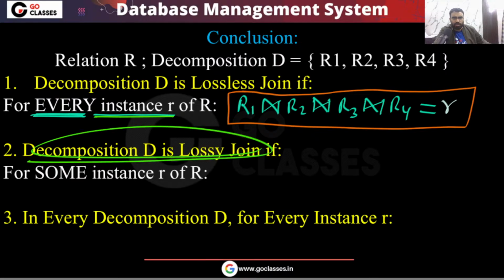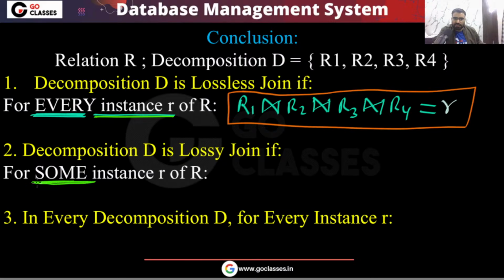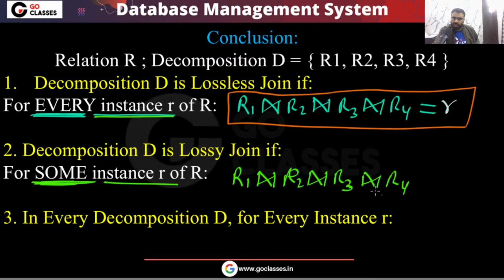When can I say decomposition is lossy? Lossy simply means that for some instance, when we do the natural join of the decomposed relations R1, R2, R3, R4, we should get some spurious tuples, some extra tuples which are not present in the original instance.